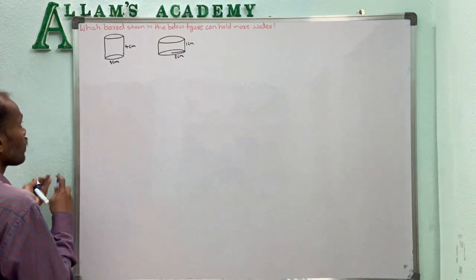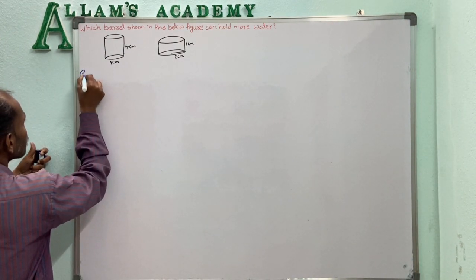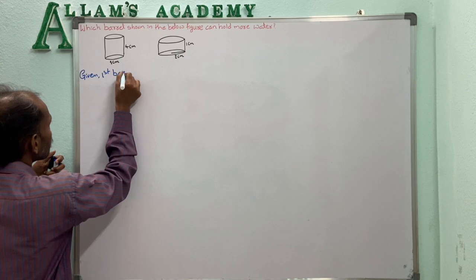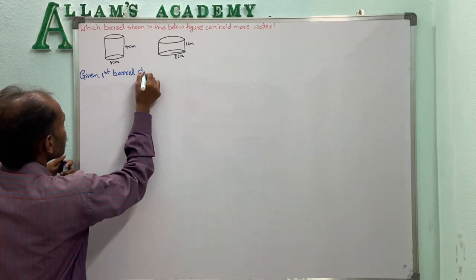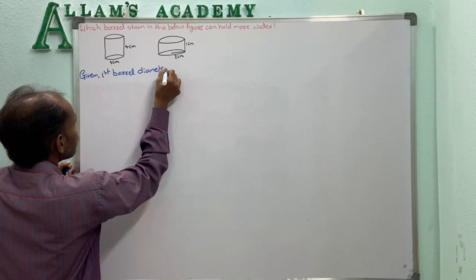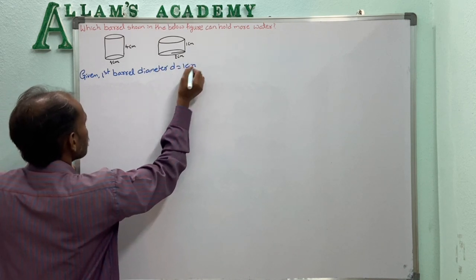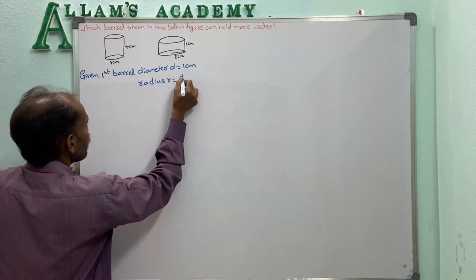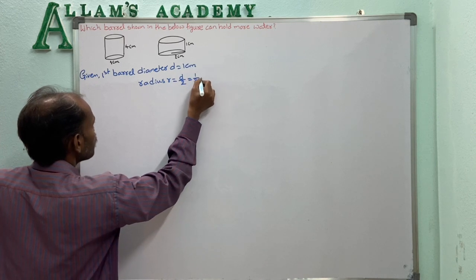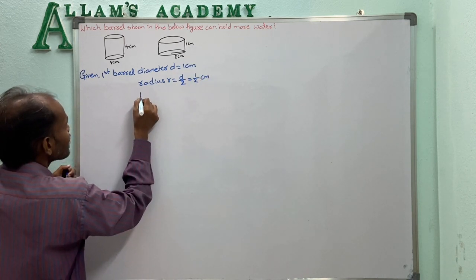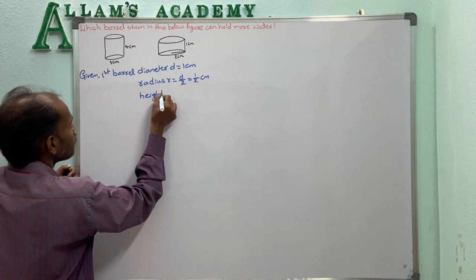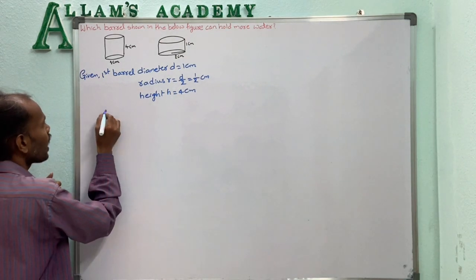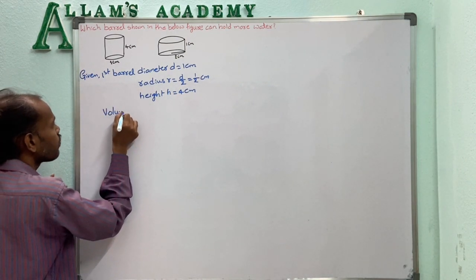So given the first barrel, diameter d equal to 1 centimeter. So its radius r is equal to d by 2, equal to 1 by 2 centimeters. Now its height is given as 4 centimeters. Now finding the volume of the first barrel.